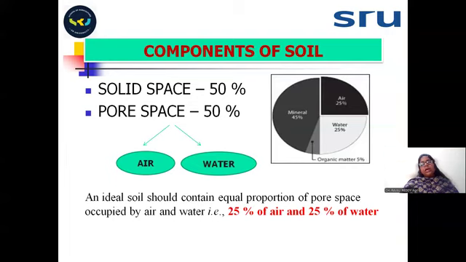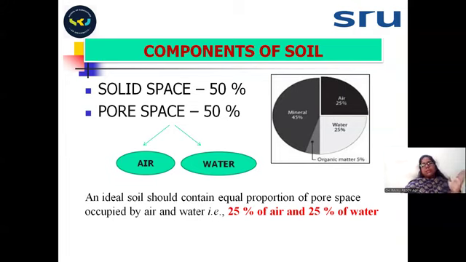If you take a handful of soil or 100 grams of soil, every soil has three phases in it. One is solid phase, second is liquid phase, third is gaseous phase. When you take the solid space, the solid space will be 50% and the pore space will be 50%. Solid space includes mineral matter and organic matter.